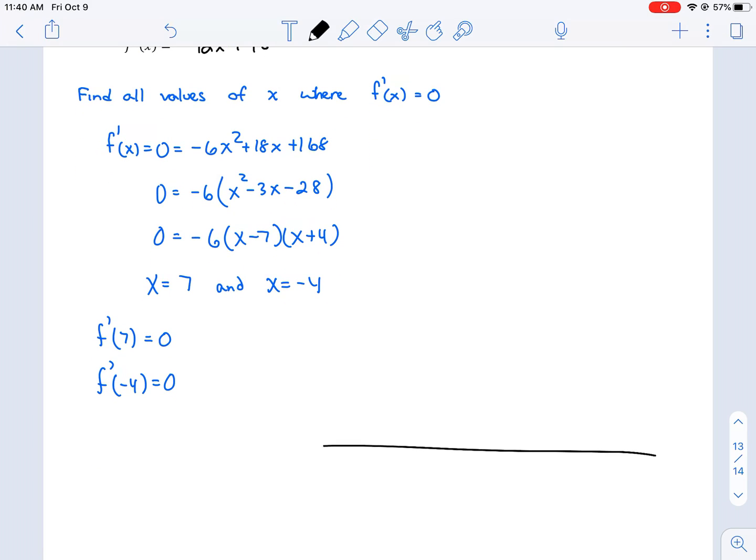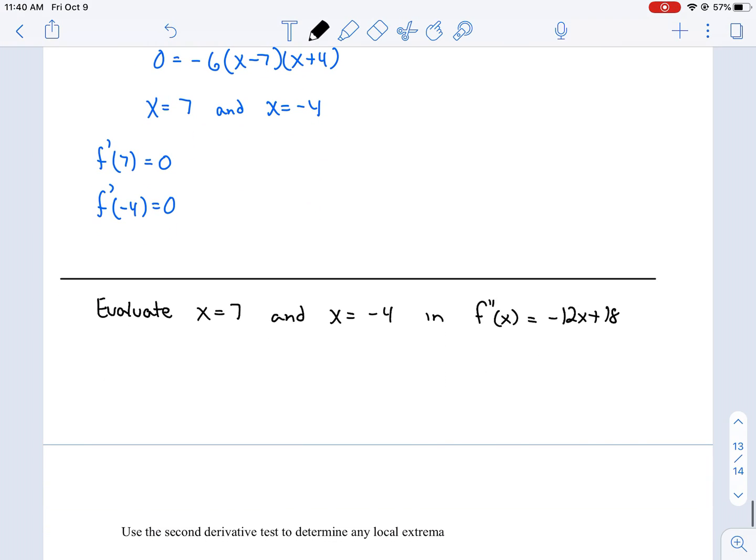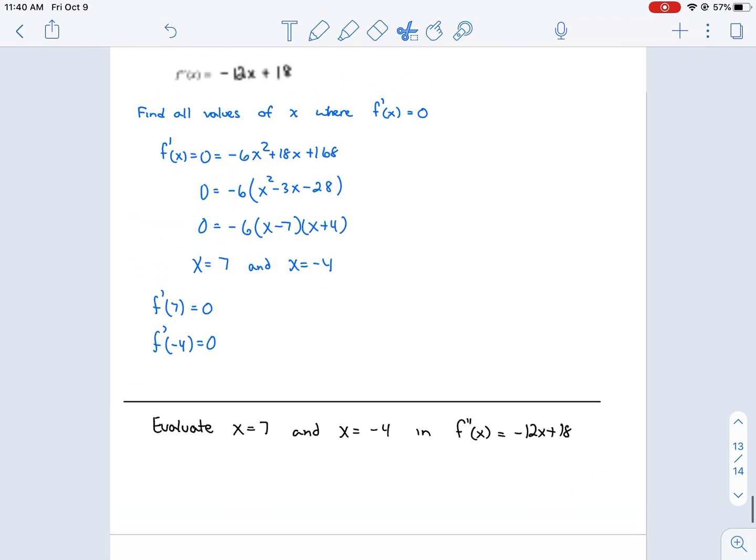So what I'm going to do is evaluate x equal to 7 and x equal to negative 4 in the second derivative. I'm just going to create a little bit more space.